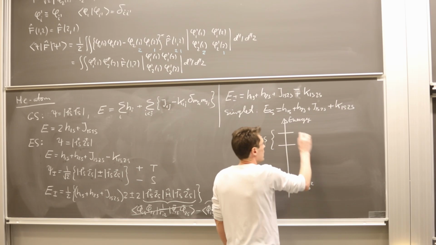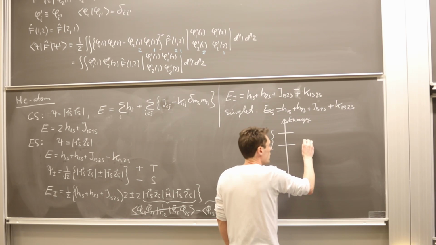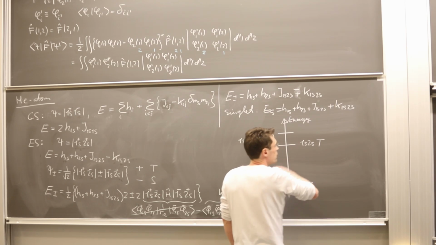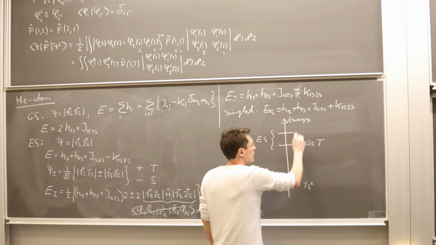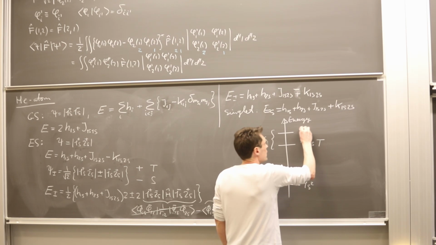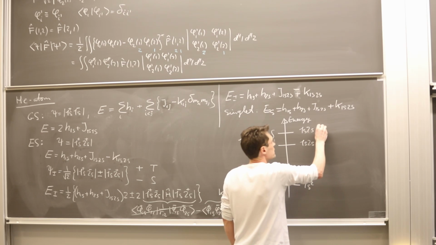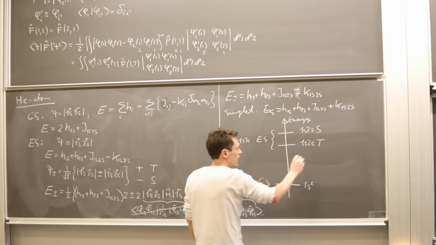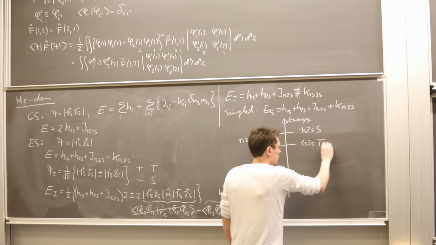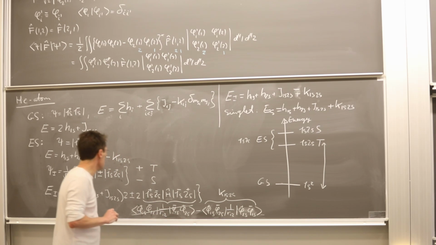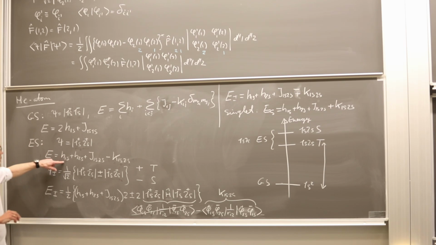I have the lowest one, which is the 1s, 2s triplet, and I have the upper excited state, which is the 1s, 2s singlet. And this interval here will then be the difference between those two here.